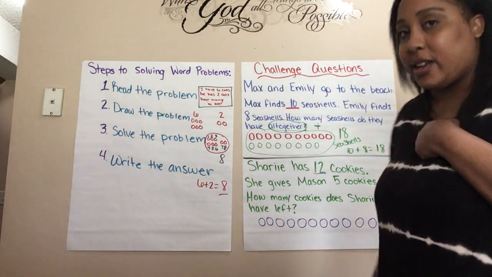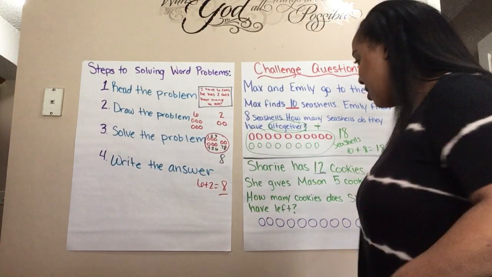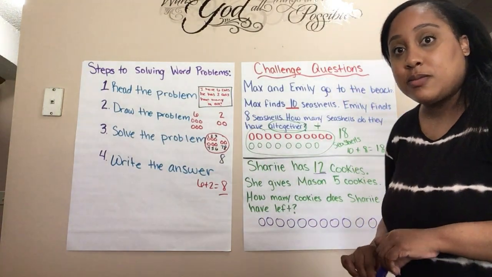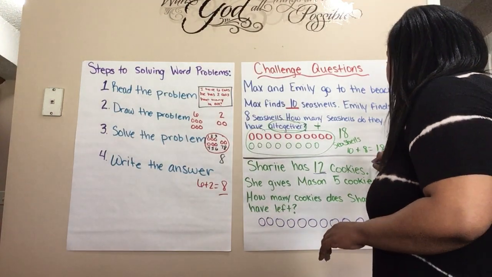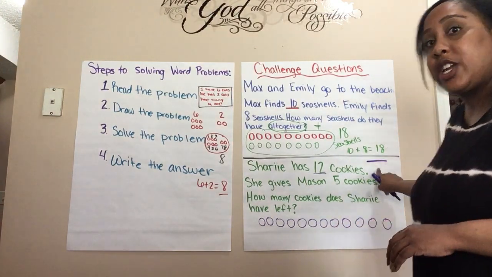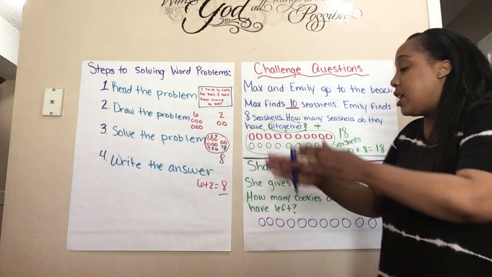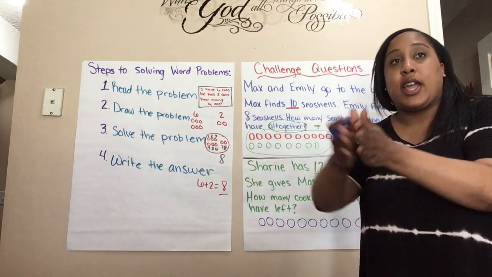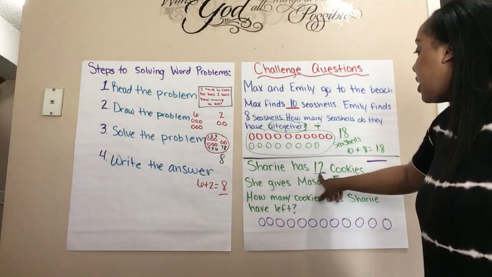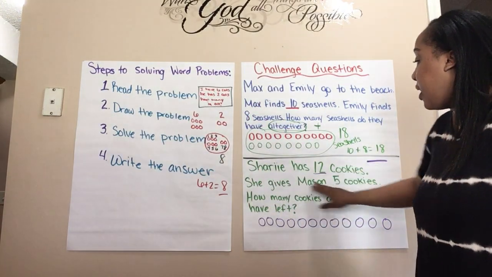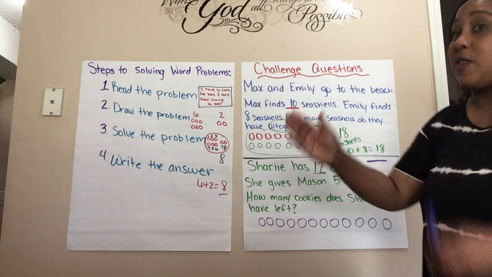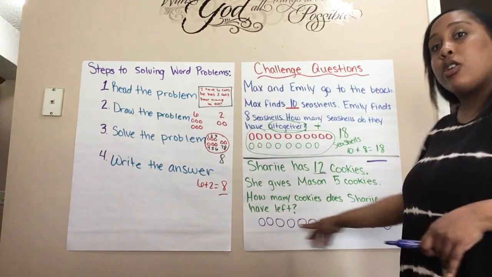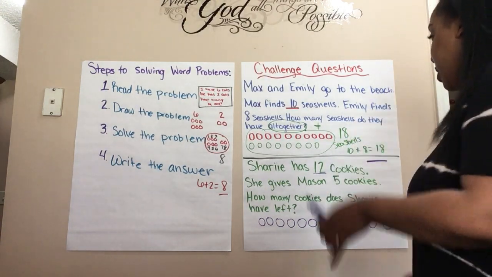First, let me go back. Addition or subtraction? This is subtraction, okay? Because she is giving away. She's taking her numbers away, right? They're taking them apart. She has 12 cookies. She gives Mason 5 of them. So 5 cookies got to go away. So this is subtraction. So we're going to use our cross-out strategy to solve this, okay?